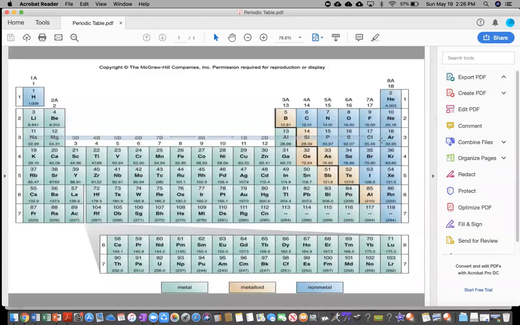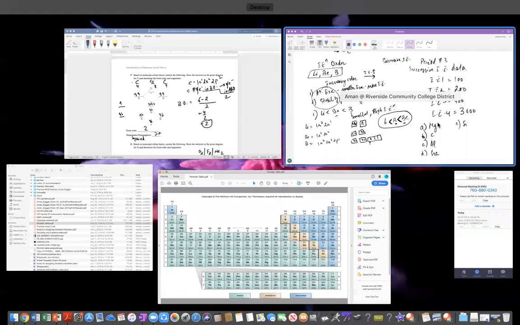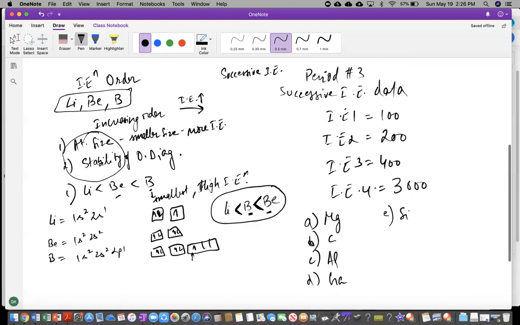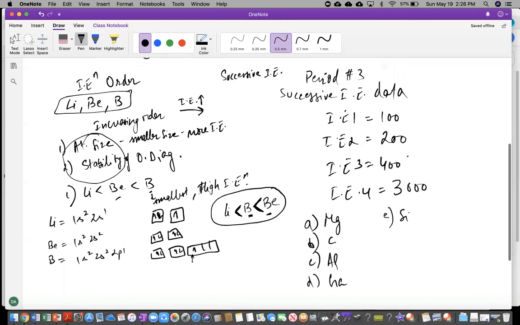So we need to figure out based on the data, which one is it? Again, ionization energy is the energy that you need to remove an electron. And it looks like this atom is okay with losing the first electron, okay with losing the second electron, okay with losing the third electron. But when you go to the fourth electron, this guy does not want to take it off.